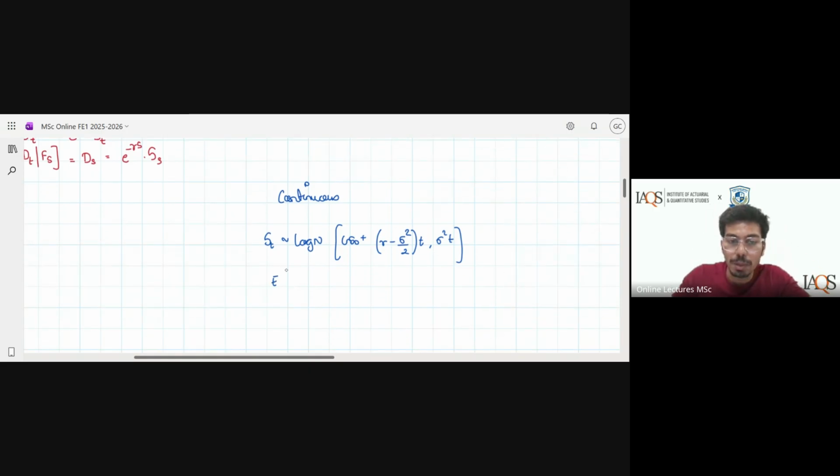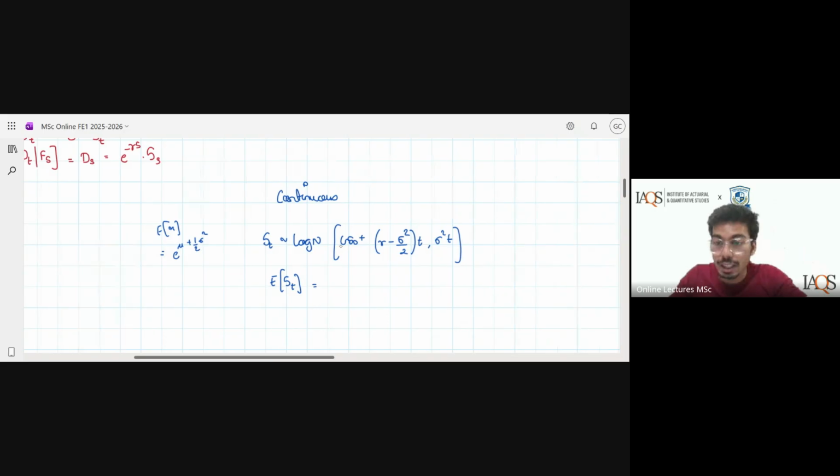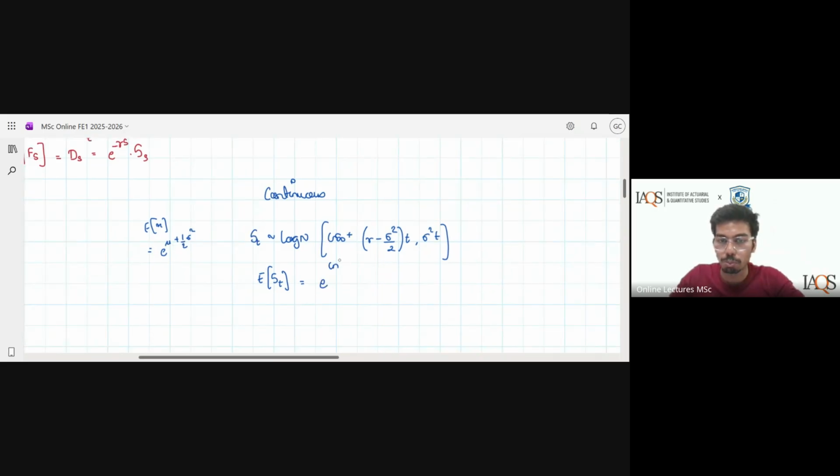I know expectation of ST has to be expectation of X, where X follows a lognormal distribution. I know E of X for a lognormal distribution is e raised to mu plus half sigma squared. How do I know this? Textbooks. Fair. In this case, can I say it as e raised to mu plus half sigma squared, which is sigma squared t for me.